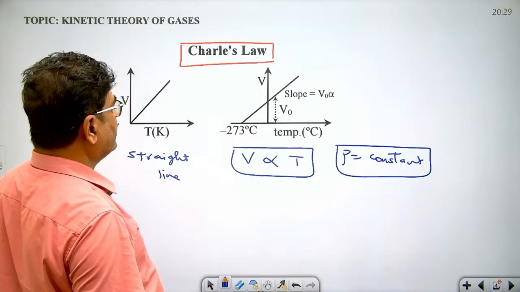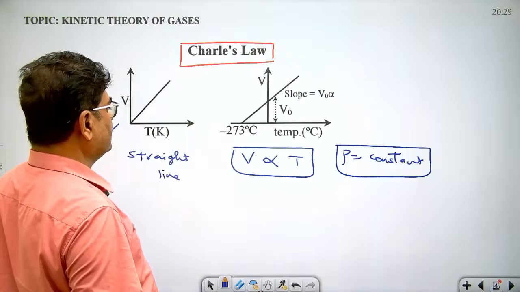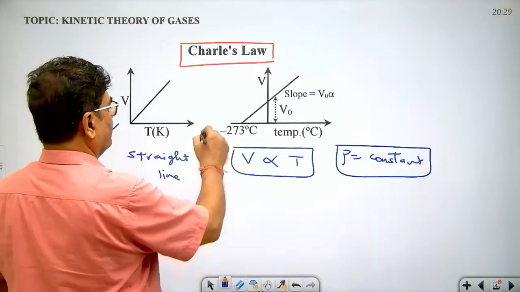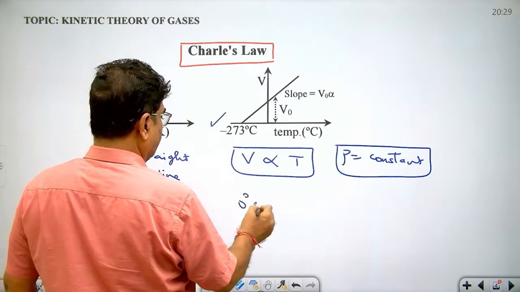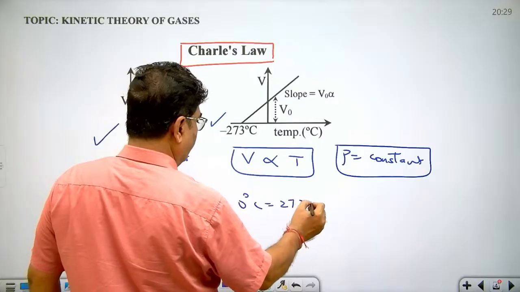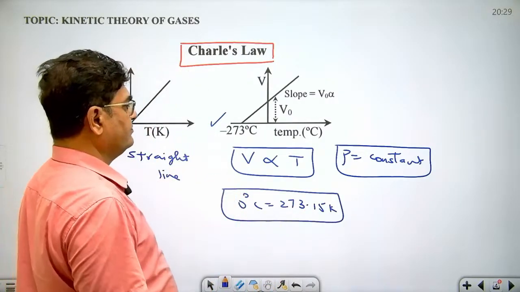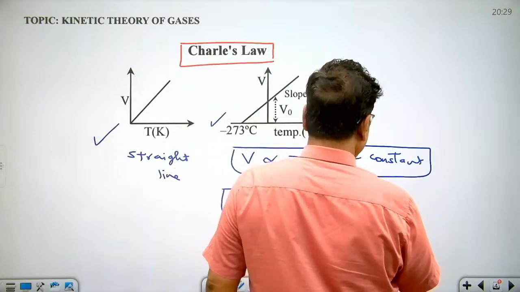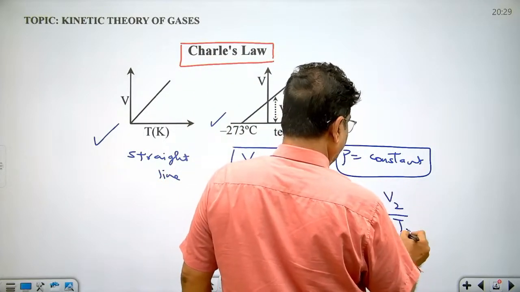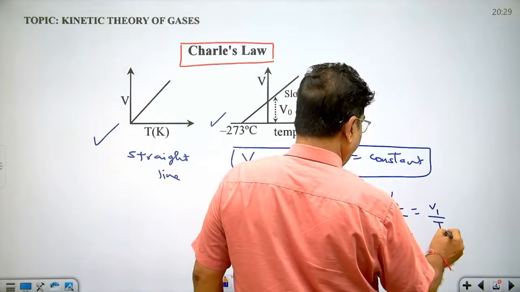And at temperature 0 Kelvin, that is minus 273 degrees centigrade, volume becomes 0. Okay. Remember 0 degrees centigrade equal to 273.15 Kelvin. In numerical problem, we will write V2 upon T2 equal to V1 upon T1.